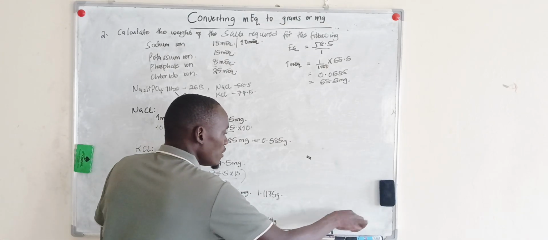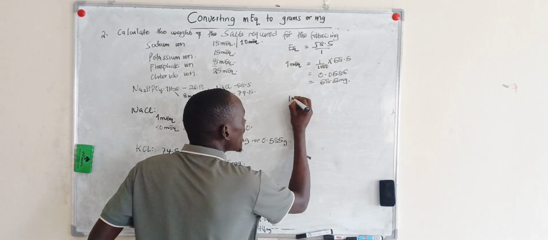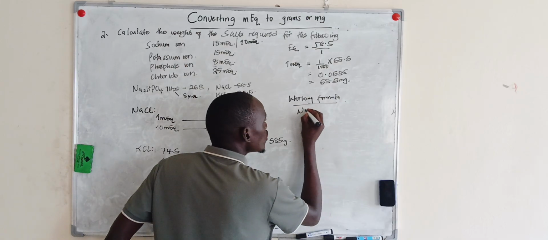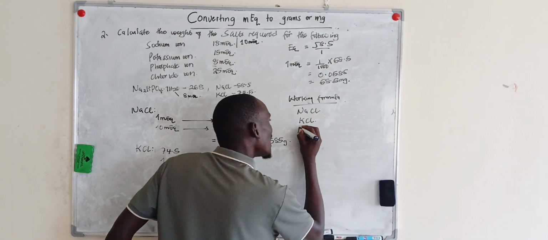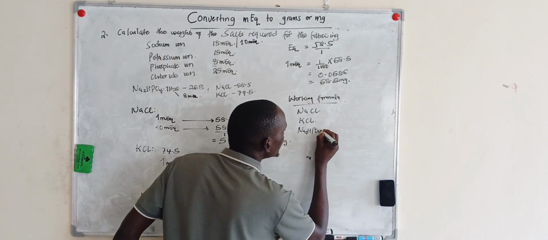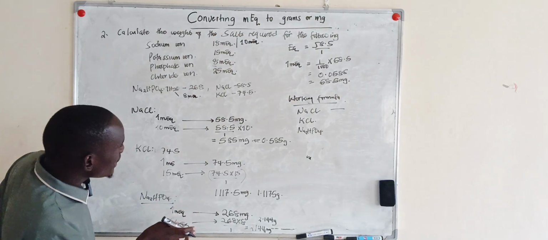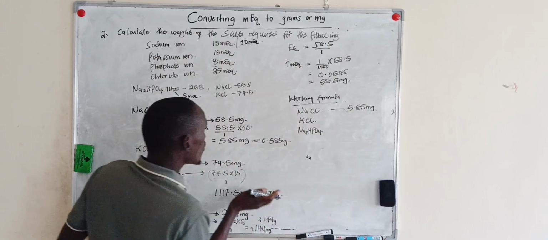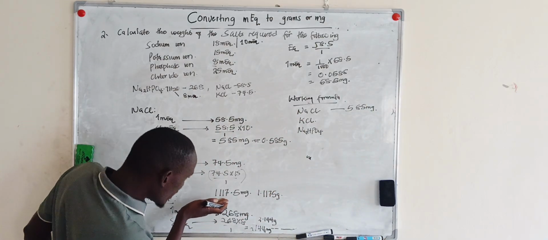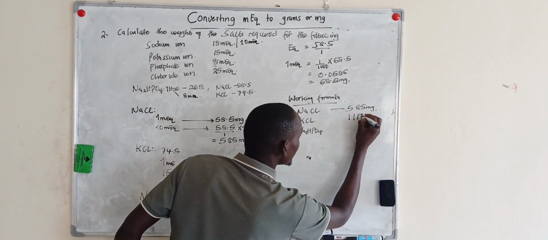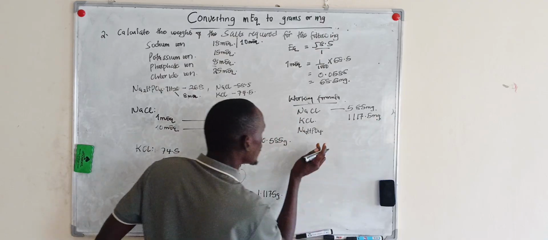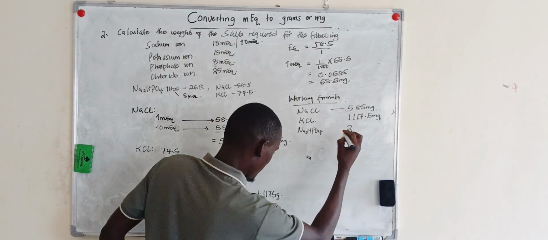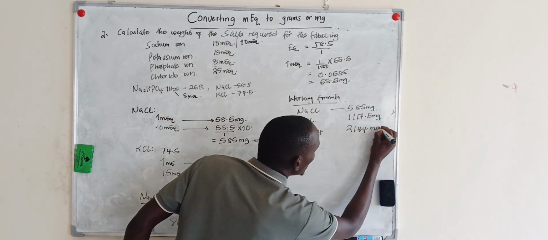That means if we are writing our final product formula or working formula, it is going to be sodium chloride, potassium chloride, and disodium hydrogen phosphate, whereby we got sodium chloride as 585 milligrams, potassium chloride as 1117.5 milligrams, and disodium hydrogen phosphate as 2144 milligrams.